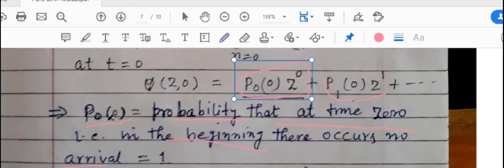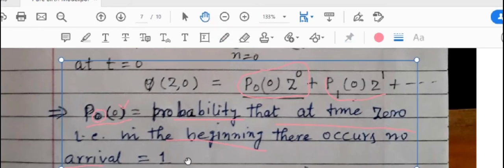At time t equal to 0 there is no customer; it is a fact. Therefore its probability is 1.